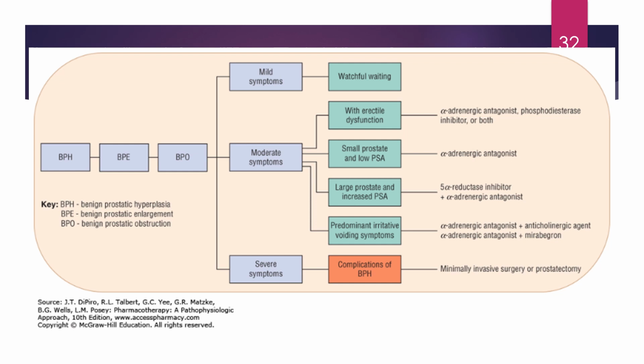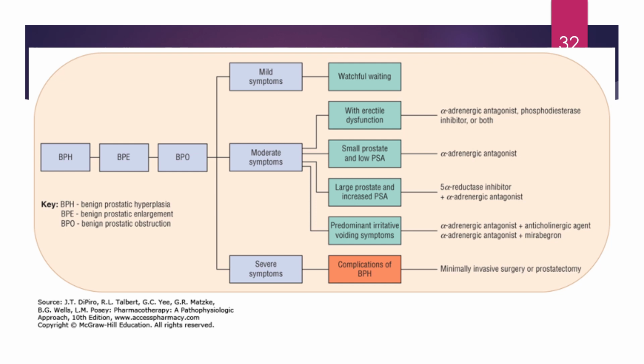Now, once you have basically gone through and looked at the patients with moderate symptoms, the patient may actually then eventually progress to where they get actual severe symptoms and real actual complications of BPH that can be very, very harmful to the patient.